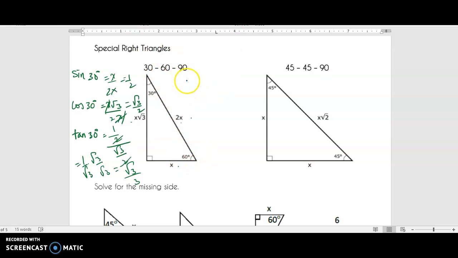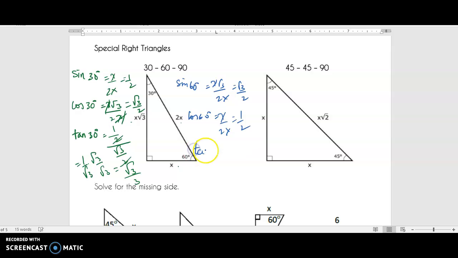Now let's go to the 60-degree angle. Sine 60, from the 60 triangle, is opposite x root 3 over 2x, so that is square root of 3 over 2. And cosine of 60 will be adjacent over hypotenuse, so x over 2x. That is half.